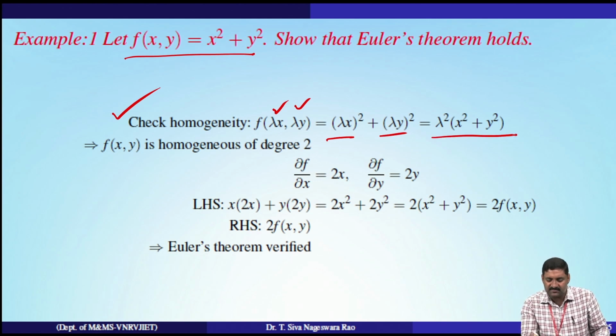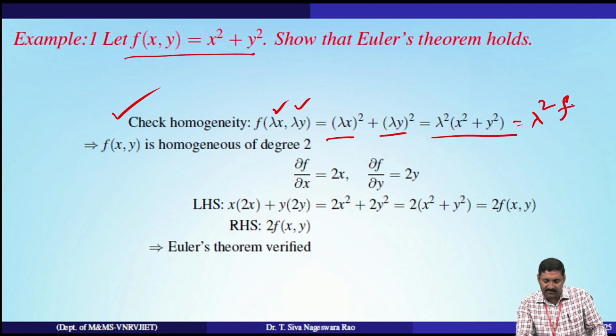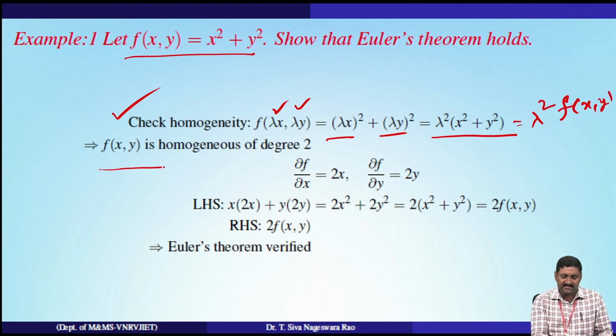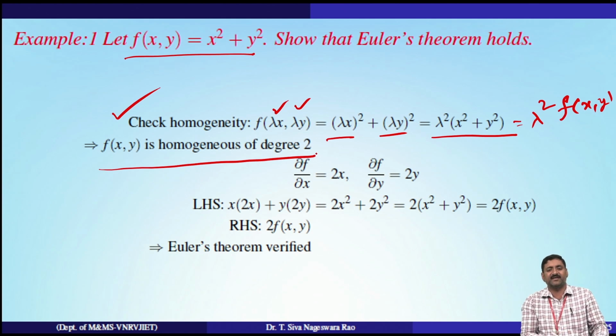That is lambda square multiplied by x square plus y square. So we will write this as lambda square multiplied by f of x comma y. So f of x comma y is a homogeneous function of degree what? 2. Why? The lambda power is 2. This is the n value. So we are taking n value as 2.